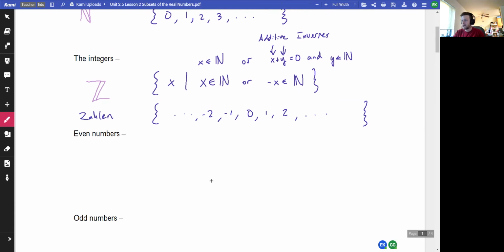All right, we have the natural numbers. Then we constructed the integers using opposites or additive inverses. Now, how can we construct the even numbers using what we have? Well, can we say even numbers are taking our integers and then doubling them? So 2x such that x is contained in the integers?